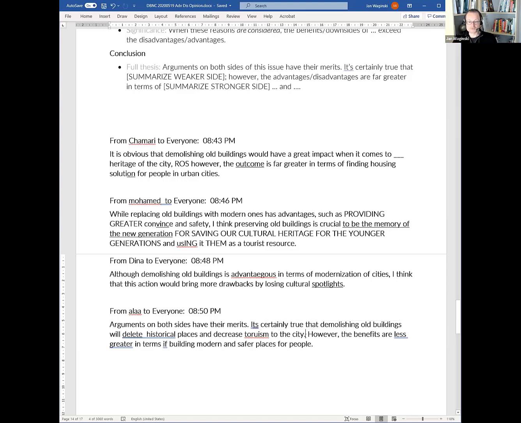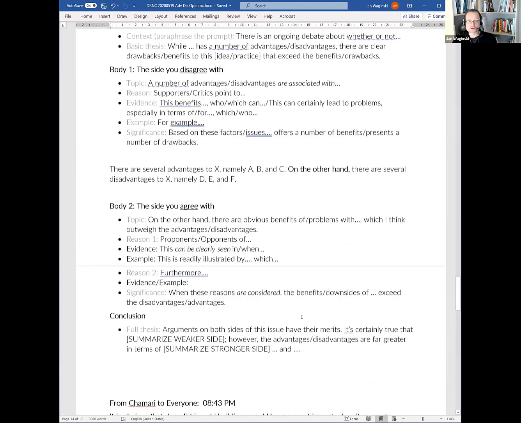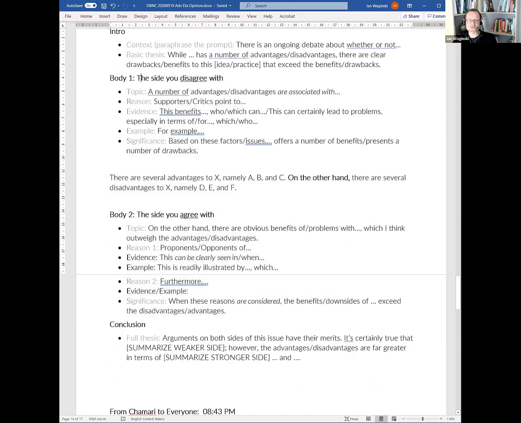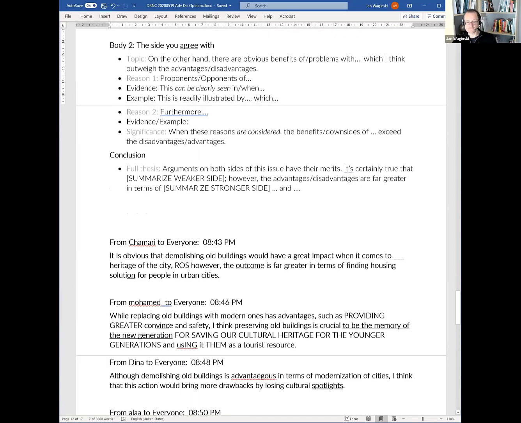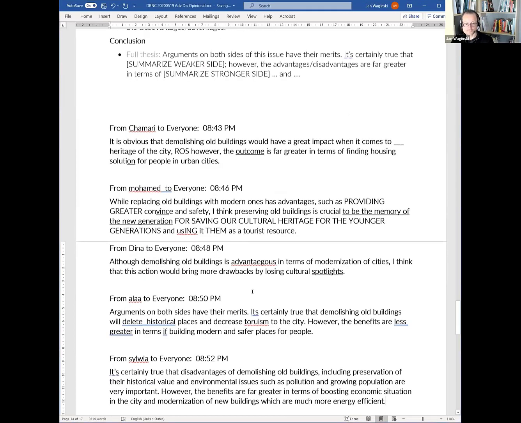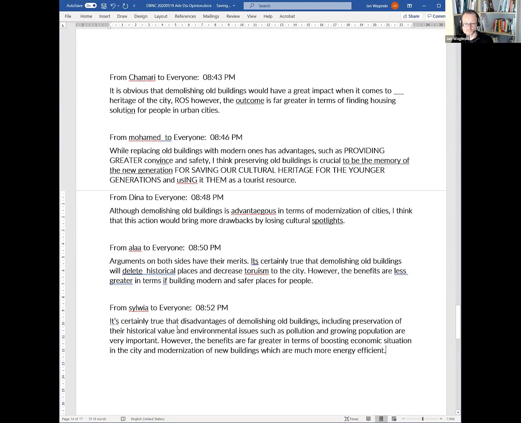Okay, that should be your structure. And this structure mirrors the structure of the body paragraphs. Right? You start with the side you disagree with. So you've got to flip that structure around. And Sylvia, so what's next?